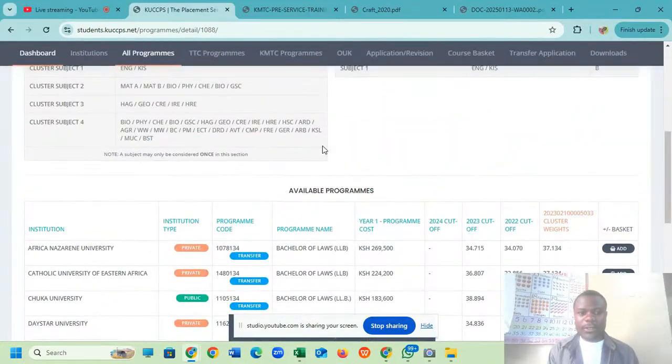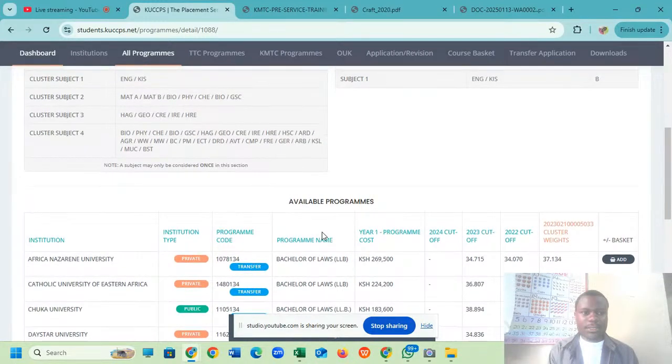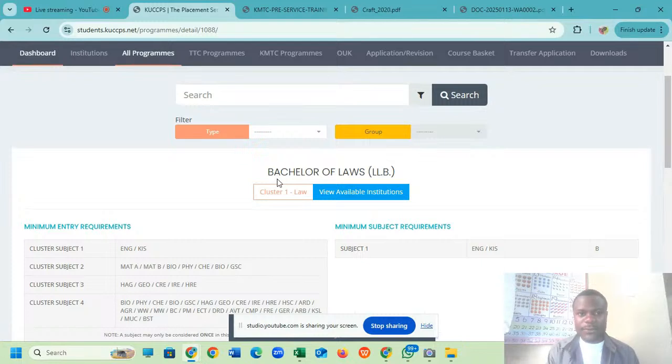So you can calculate your cluster points and find maybe in law, or let's use an example of medicine. We have some students who did not take biology back in high school, and to apply for any medicine related courses, you are supposed to have done biology. So if you haven't done biology, you can't apply for any medicine related course.